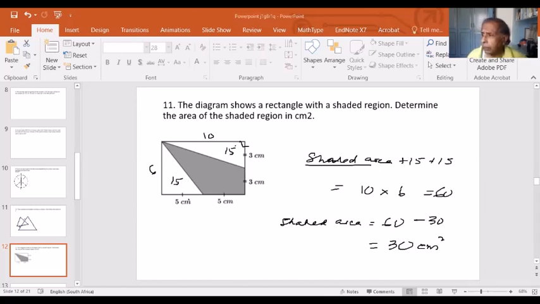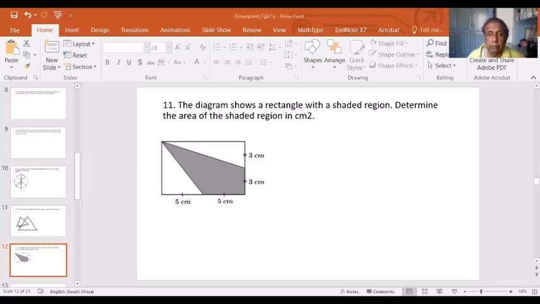Now there is another way of doing this. You get to 30 in another way. And that is, I can split this rectangle into two equal parts by joining the diagonal.